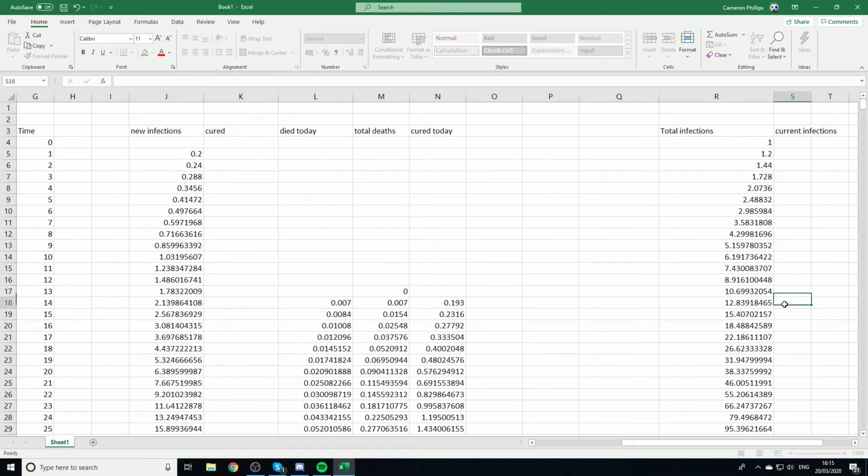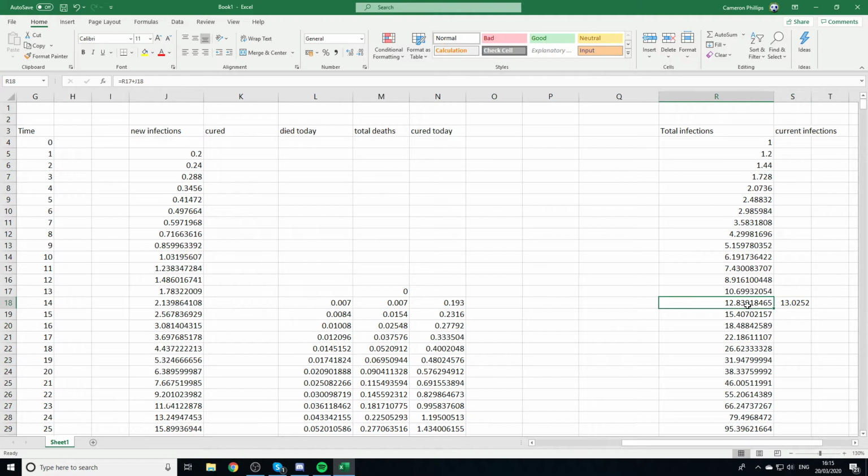So let's just say it's the total infections, and it is going to be take away how many people have died today because they can no longer affect anyone, and how many people were cured today because they can no longer affect anyone. So that's our current infections.